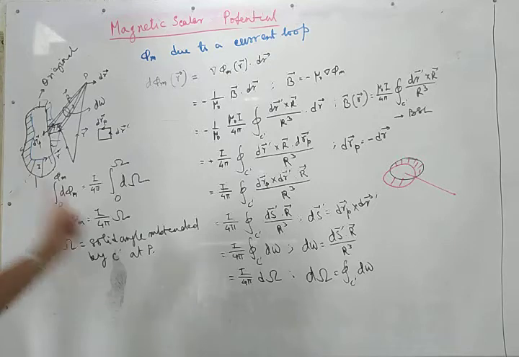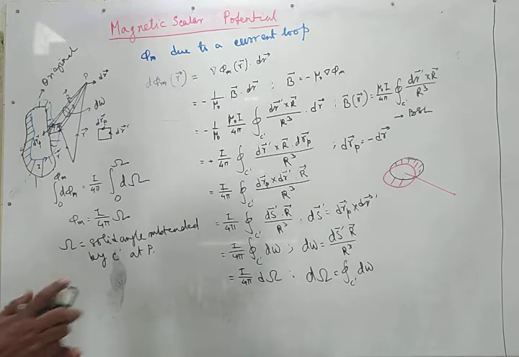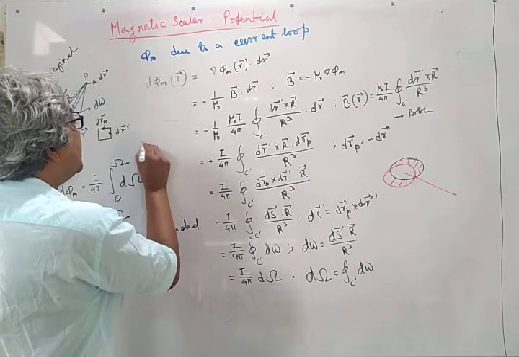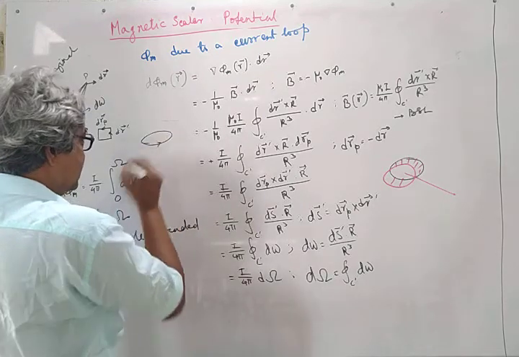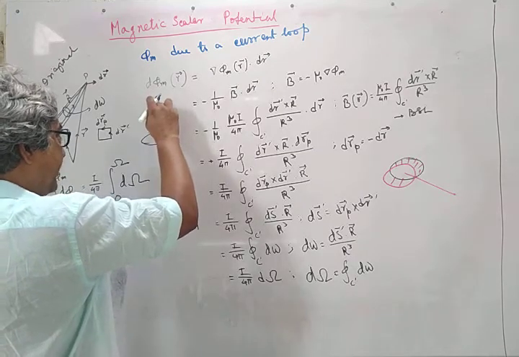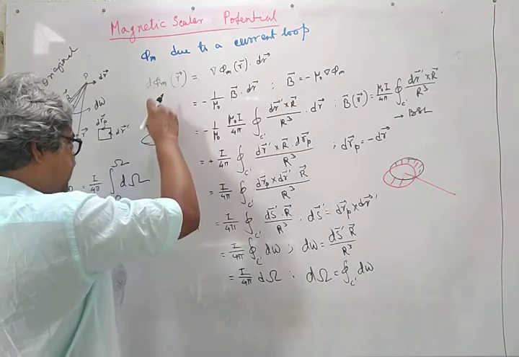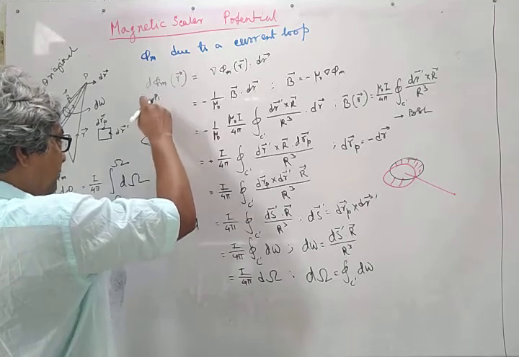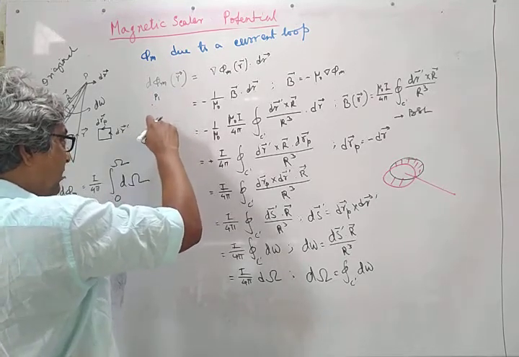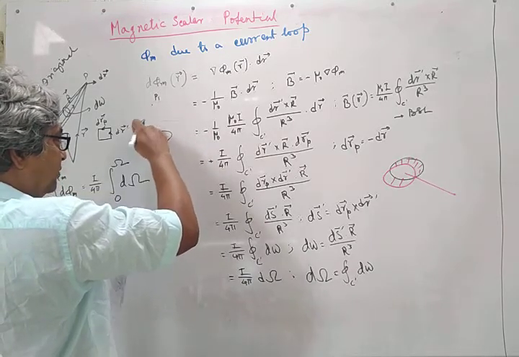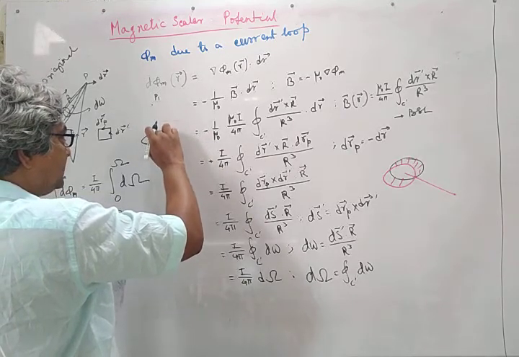If we have a current carrying conductor and want to find the scalar potential at this point P1, then when we look down at the conductor from P1, the current is found to be flowing in anti-clockwise sense.